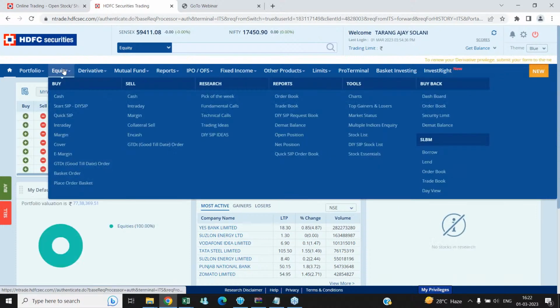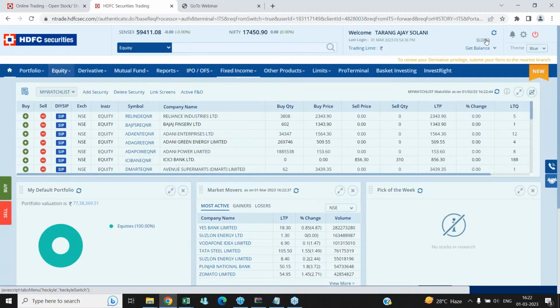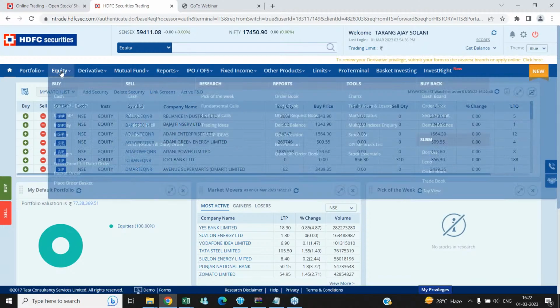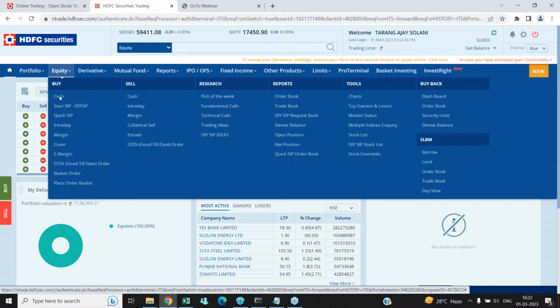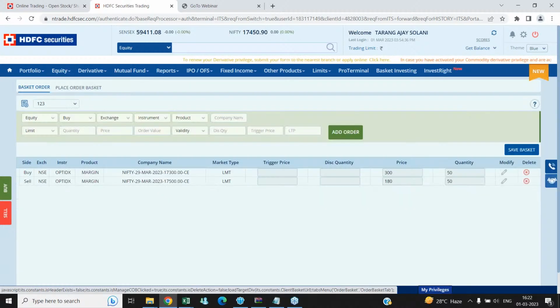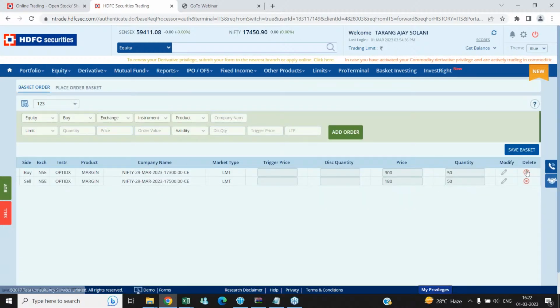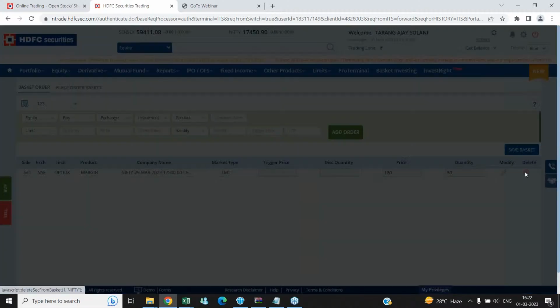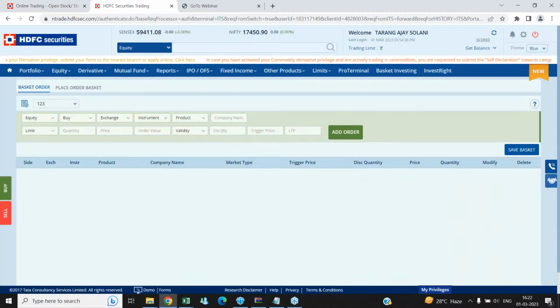So how can you do it? Under equity, this is our mPowered portal, which is our normal web trading portal. Under equity, you can select basket order. Now, whatever basket I had, I'll just cancel the basket first. I'll make a new basket.